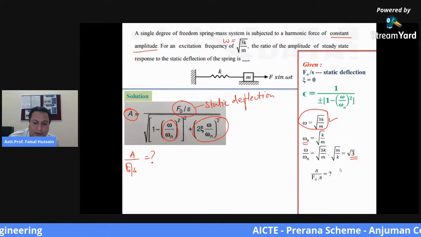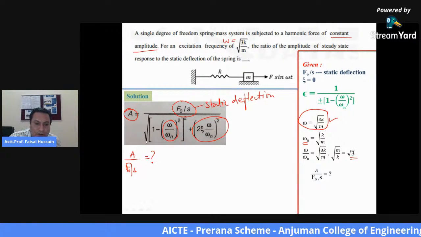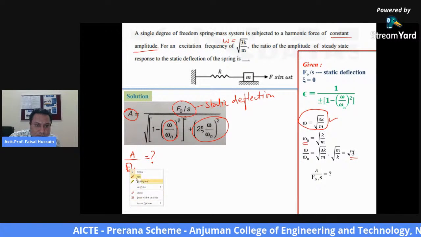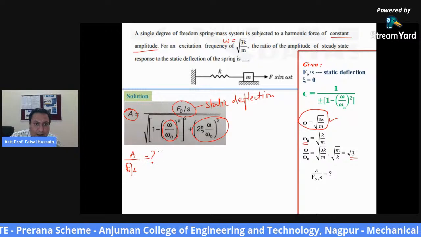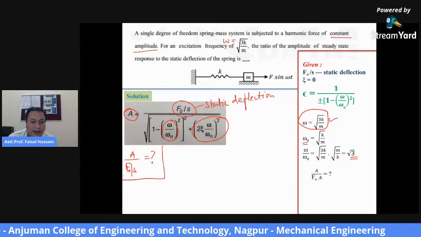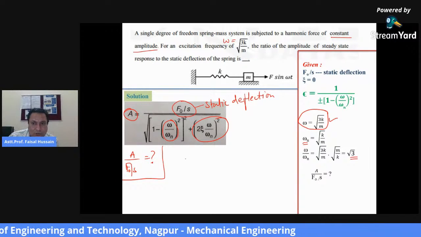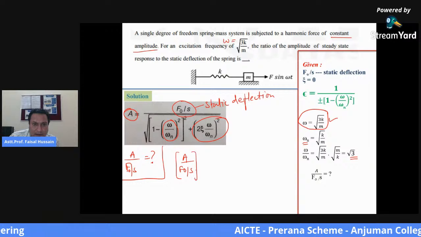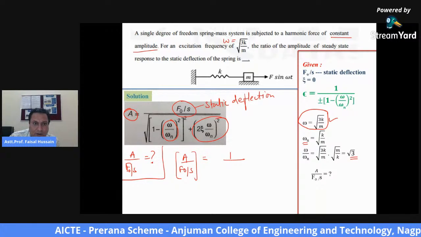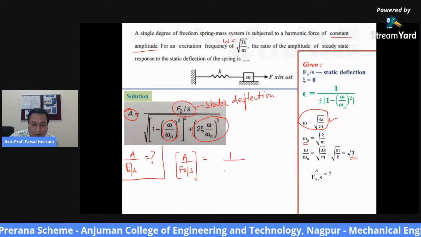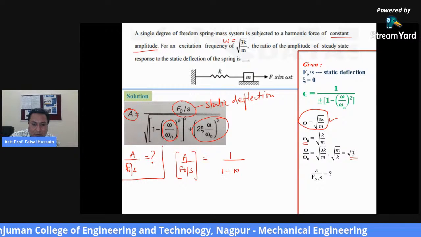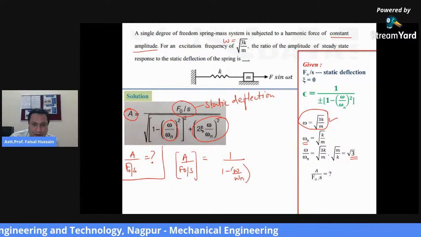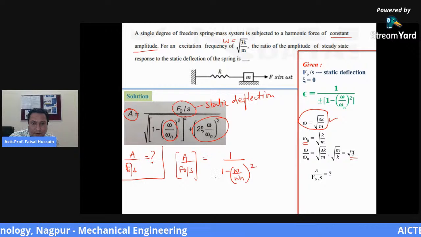Okay. Here, let us solve. So here we have to determine A upon F0 by S. So A upon F0 by S will be equal to what? If this is 0, F0 by S you have shifted up to the numerator, so it becomes 1 upon 1 minus omega by omega n the whole square.